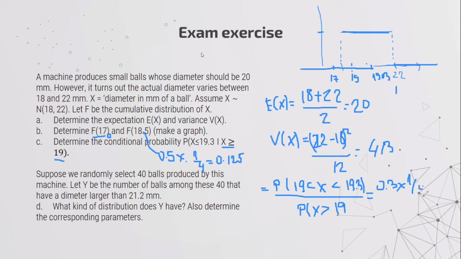Then below we would have the probability of having more than 19, which is everything that is here. And that is that side, which is just 3 times 1/4. And we can just cancel those two because they're the same numbers, and we would have 0.1, 1.3 divided by 3.